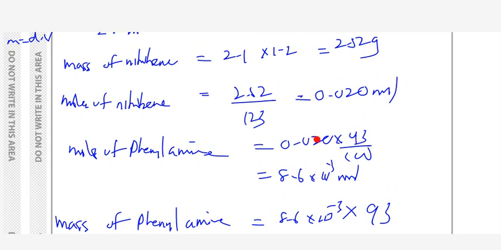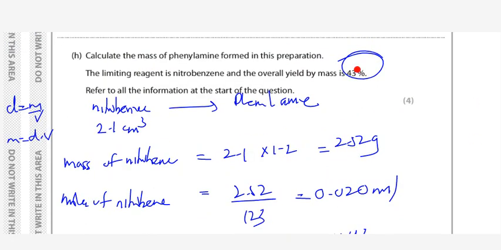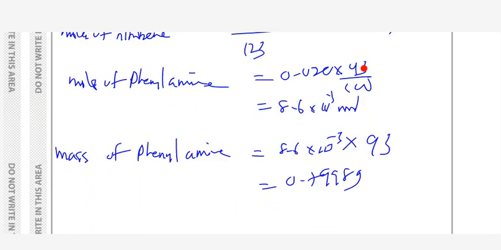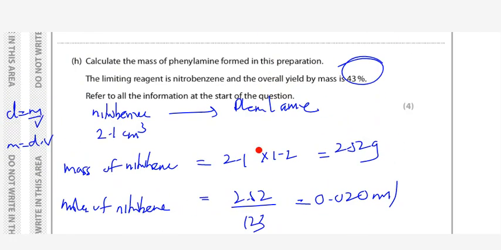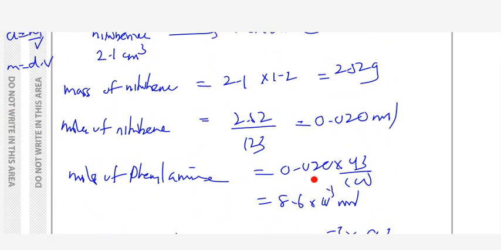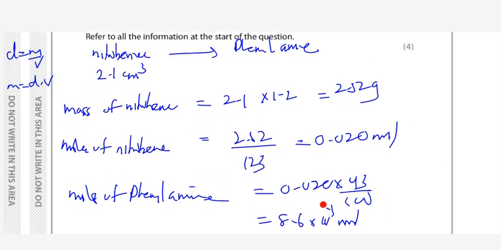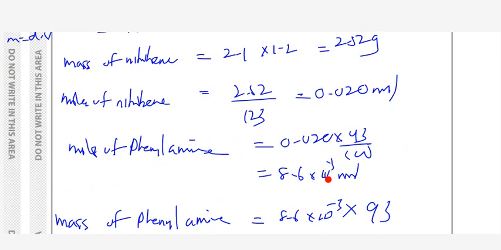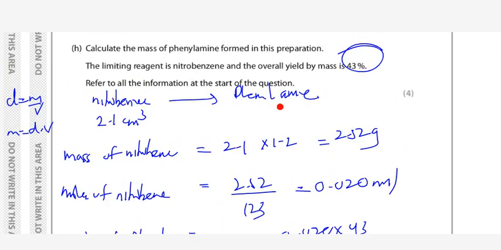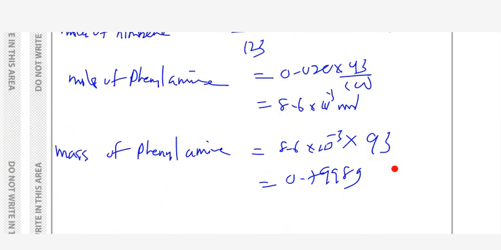We can't take 100% yield here because it's 43%. You have 0.02 moles of phenylamine, and out of that only 43% reacts. So 8.6 times 10 to the power minus 3 is the amount which actually reacts and the amount of phenylamine produced. That is multiplied by the molar mass.